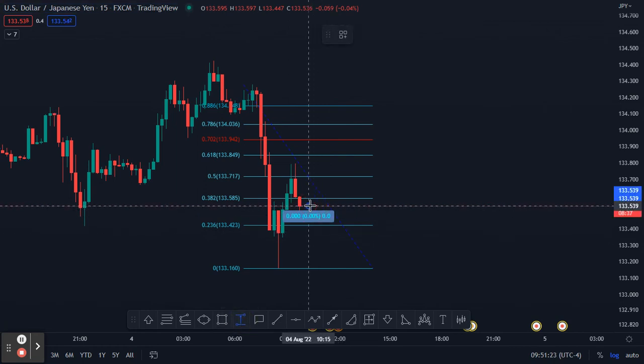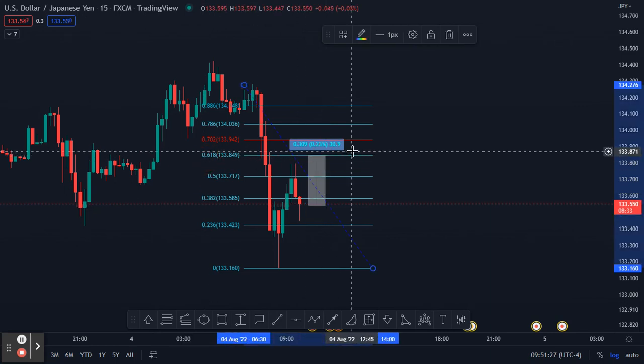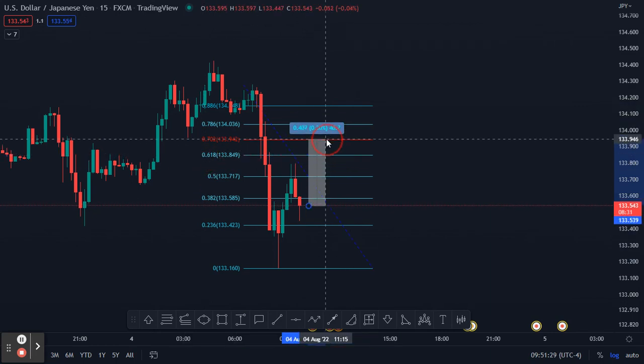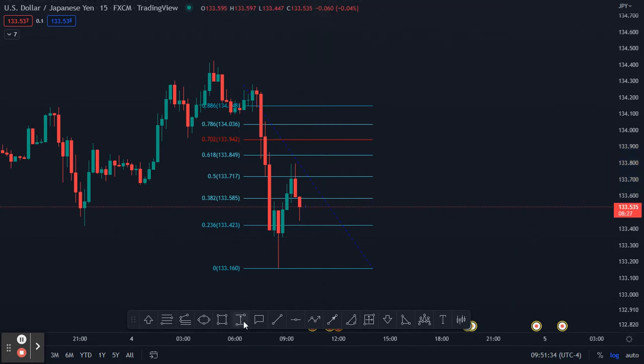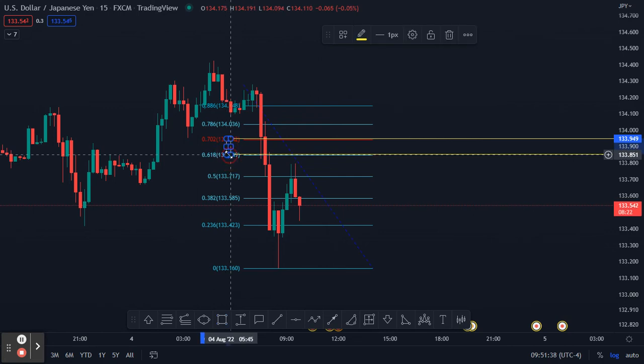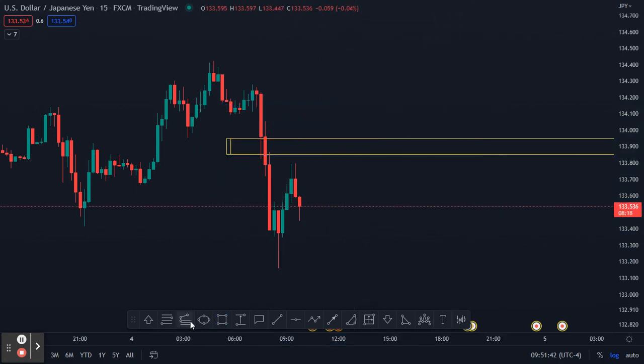And if you did decide to get in, let's say it gets back up, there's 30 pips at least to the 61%, but it looks like we can at least get back up into this area too. So we're going to set this like this. All right, that looks pretty good. Now we're going to measure here to here.